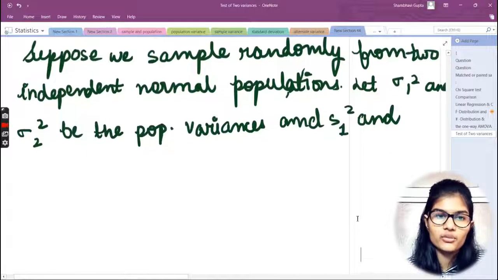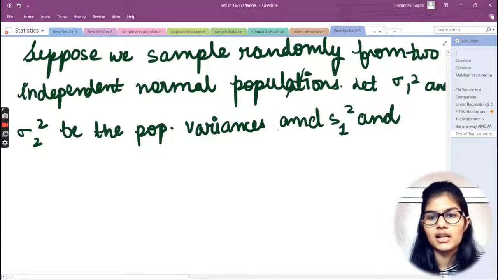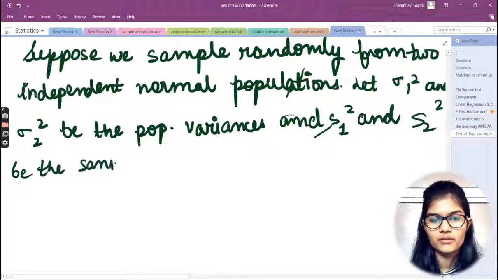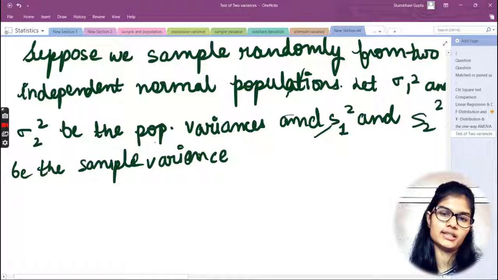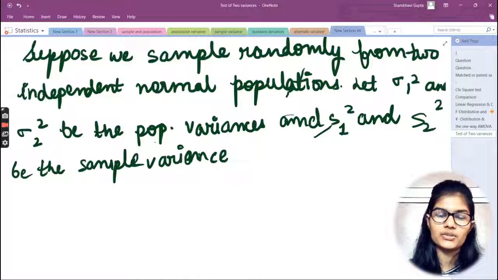So suppose we sample randomly from two independent normal populations. Let sigma 1 square and sigma 2 square be the population variances, and S1 square and S2 square be the sample variances.